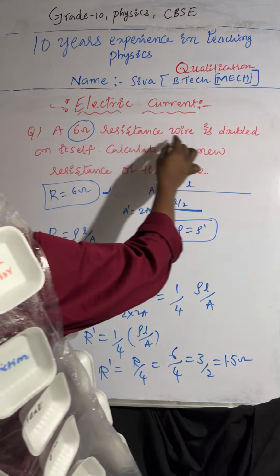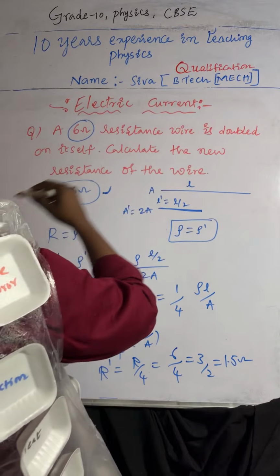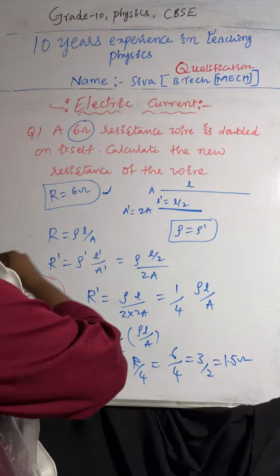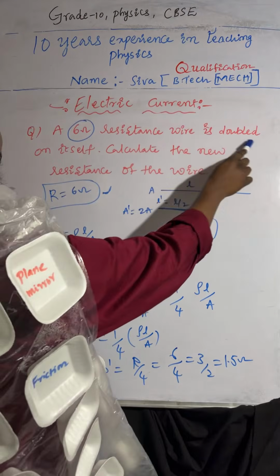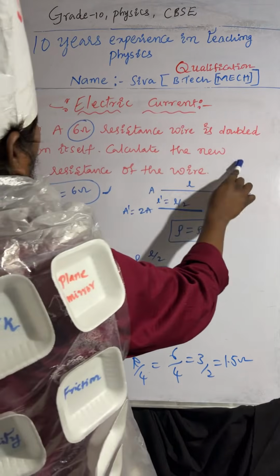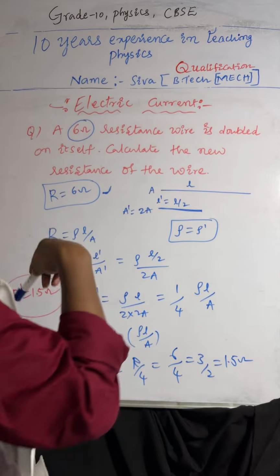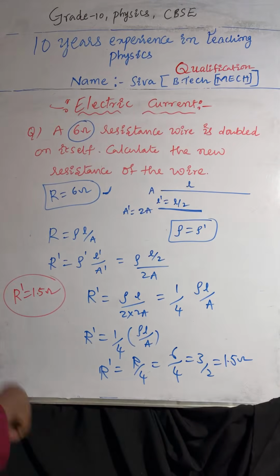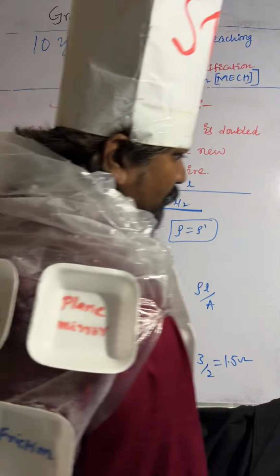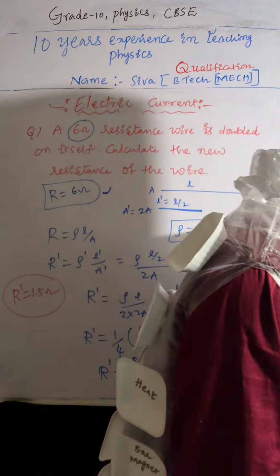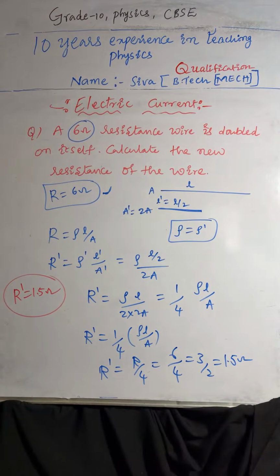So a 6 ohm resistance wire is doubled on itself. Calculate the new resistance of the wire. New resistance of the wire, answer is 1.5 ohm. Okay, so it is doubled on itself. Understood or not? Is it clear? So just let me know the answer.